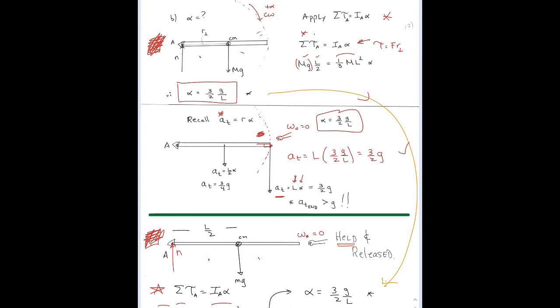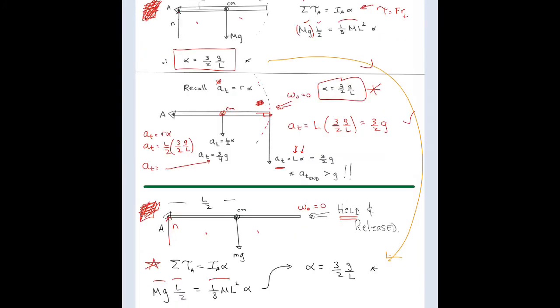It's 1.5 g. At the middle of the stick, the center of mass, a tangential is r alpha. The distance out to the middle of the stick is L over 2, and alpha is 3/2 g over L. So the L's cancel, and I have a tangential of 3/4 g.